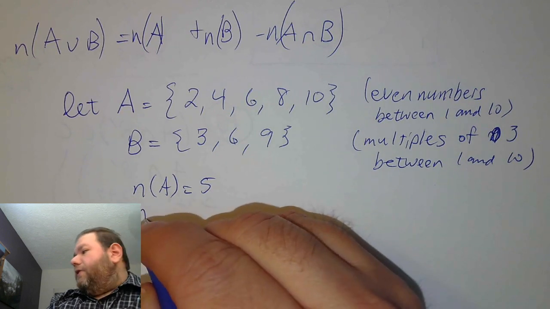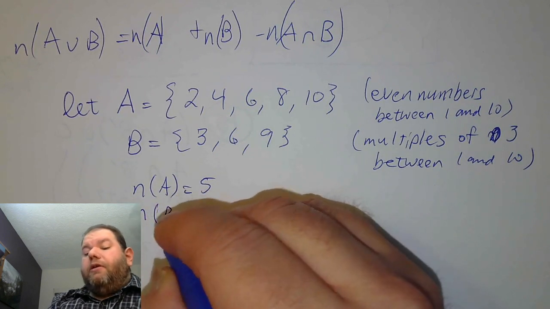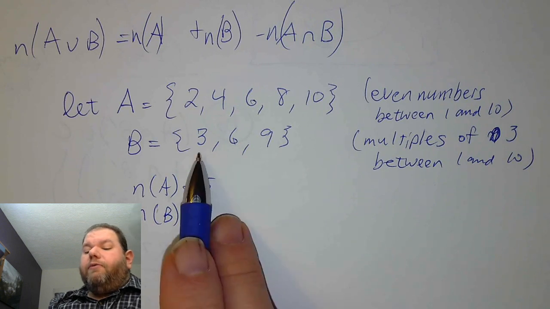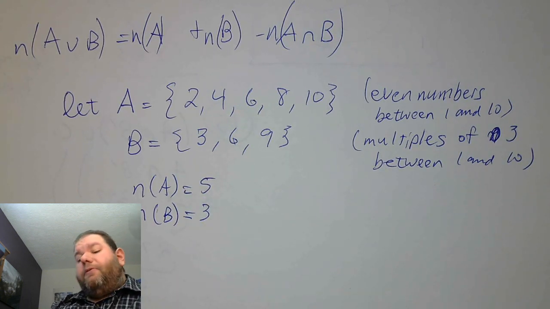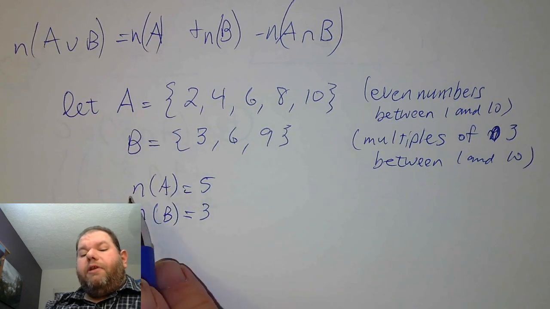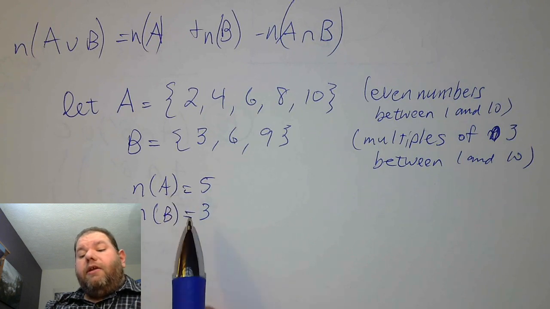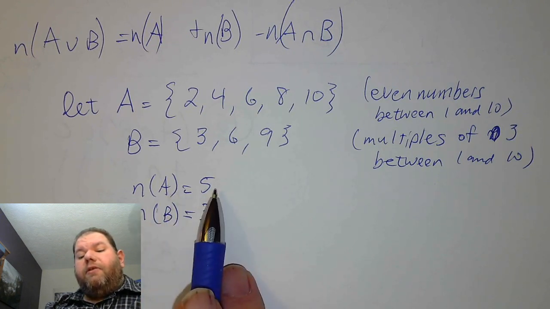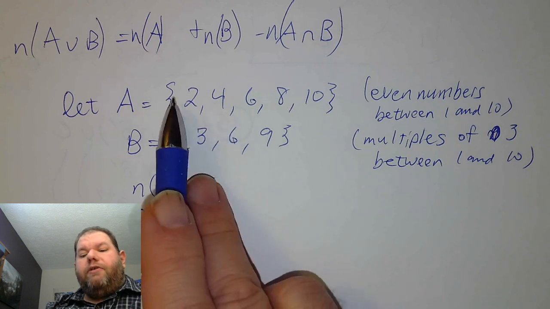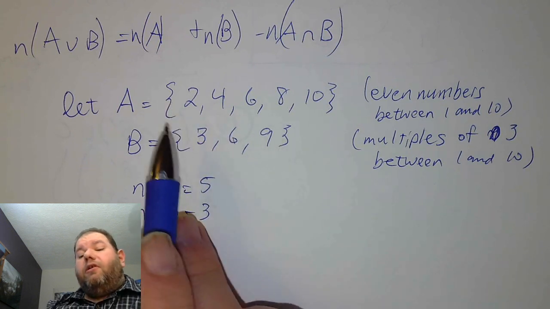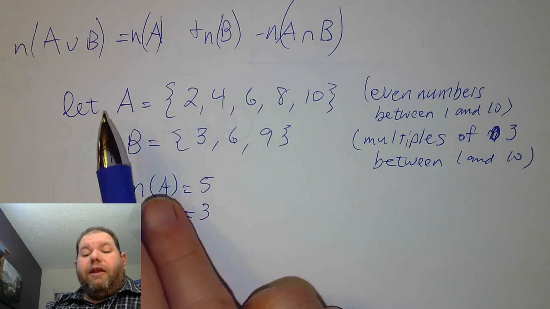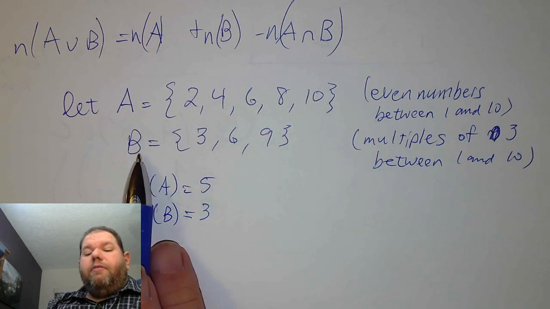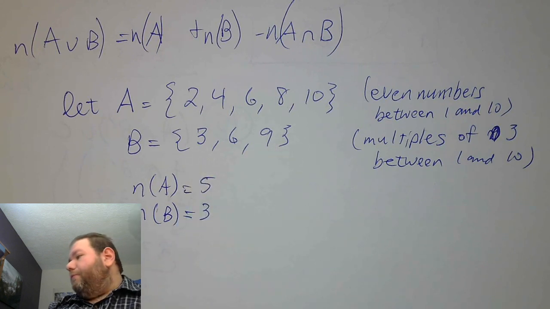And then we look at n of B, and we can see you have 1, 2, 3 elements in B. So n of B is equal to 3. When we take a set and put n and then parentheses around that set, we basically want to count how many different elements that set consists of. So A consists of 5 values, B consists of 3 values.